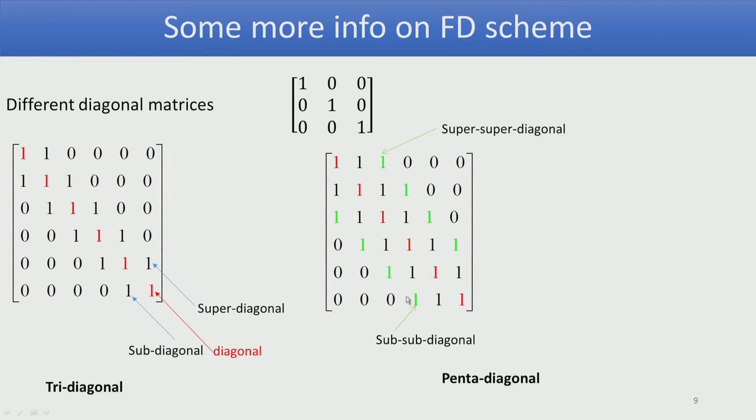Similarly, on the lower side there is one more line following closely the main diagonal, just below the subdiagonal, where values are available. So, you have a regular pattern and this is what is called pentadiagonal.